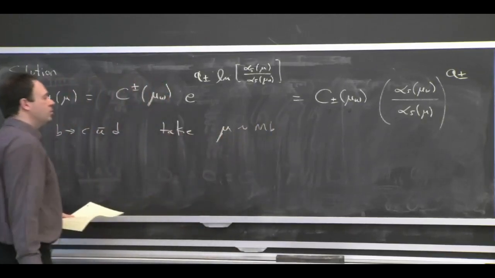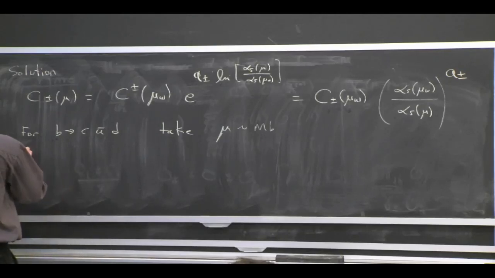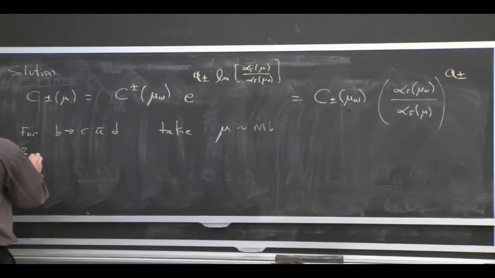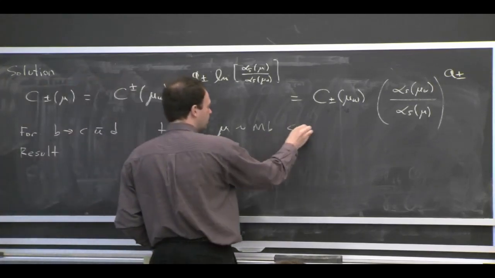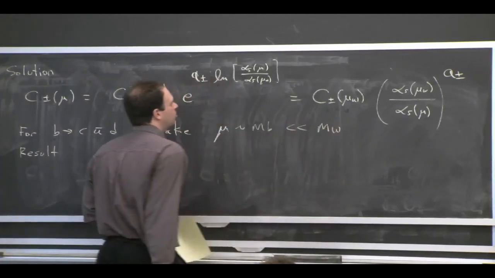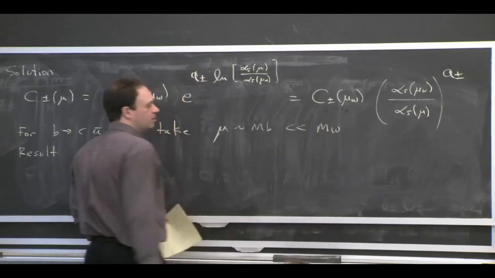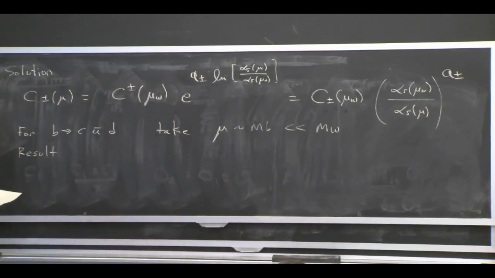So we want mu to be of order MB. And then you have a large hierarchy because this is much less than MW. 5 GeV-ish, 80 GeV.